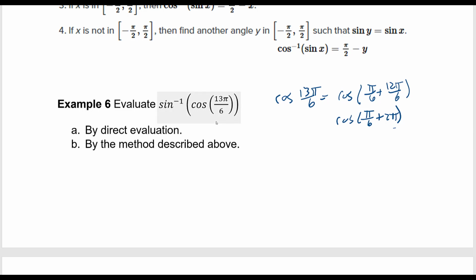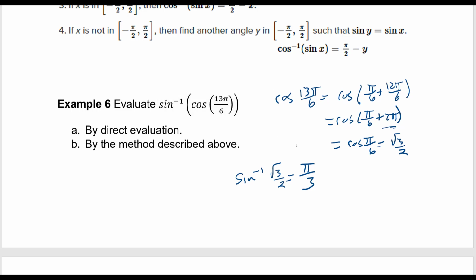Well, that means it just repeats itself with a plus 2 pi. So this is the same thing as cosine of pi over 6, which is the square root of 3 over 2. So sine inverse of the square root of 3 over 2 is going to be pi over 3.